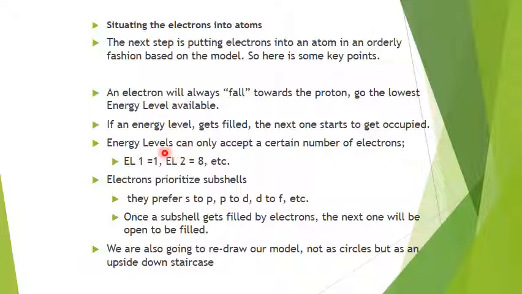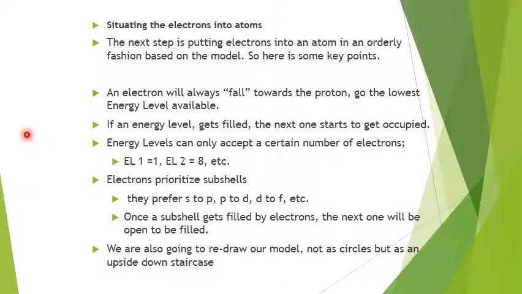Energy levels can only accept a certain number of electrons. One energy level can take 2 electrons, and another can take 8, and so forth. Also, if electrons are given a choice between different subshells, S, P, D, and F, they'll choose S's over P's, P's over D's, D's over F's.